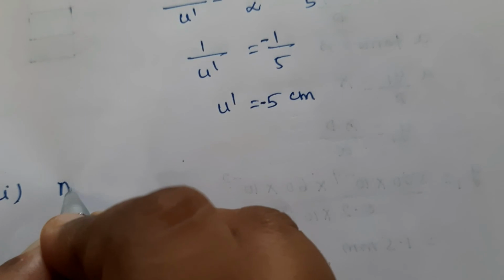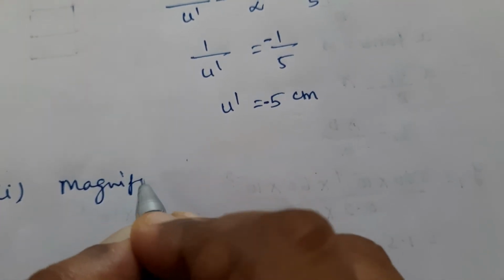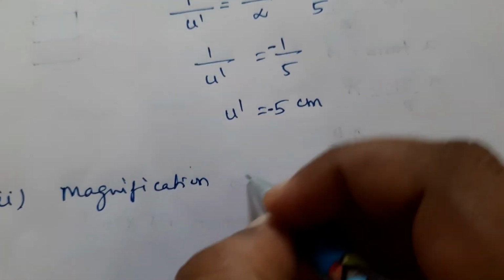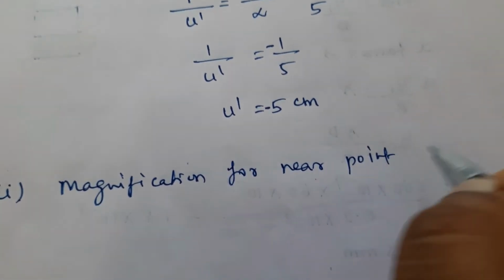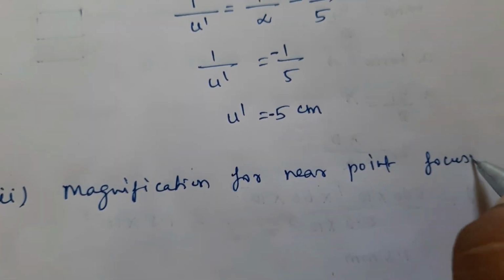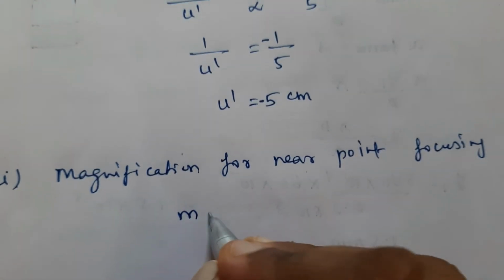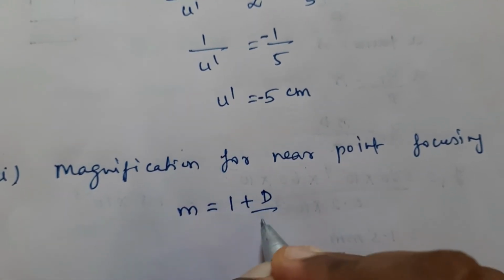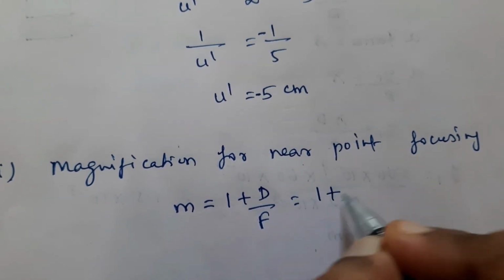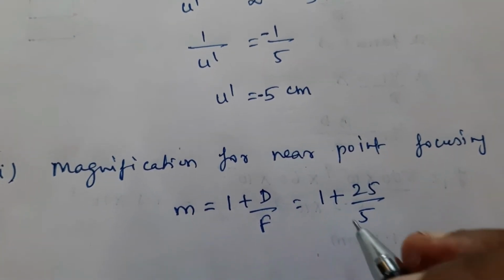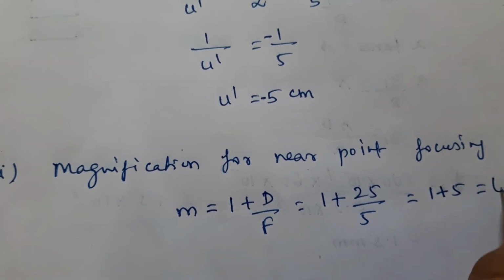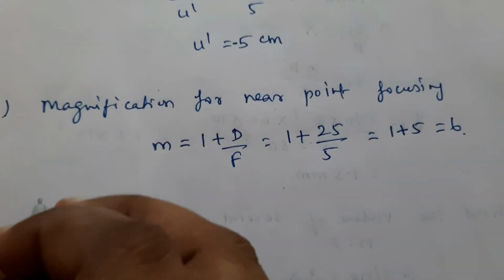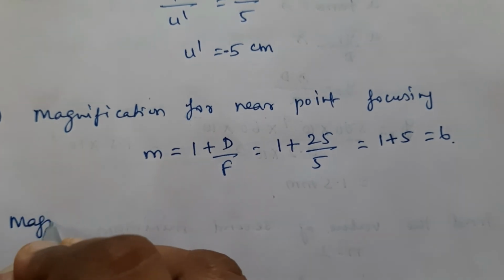So magnification for near point focusing is m is equal to 1 plus D by F. So 1 plus 25 by 5, that is 1 plus 5, which is equal to 6.